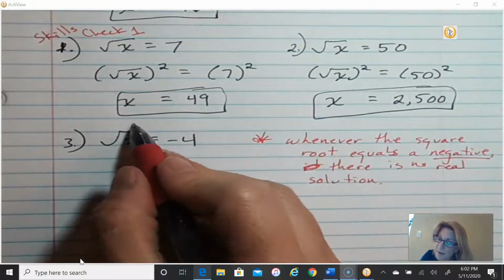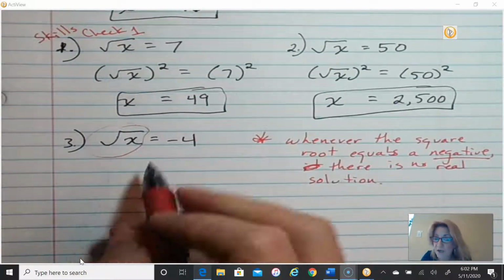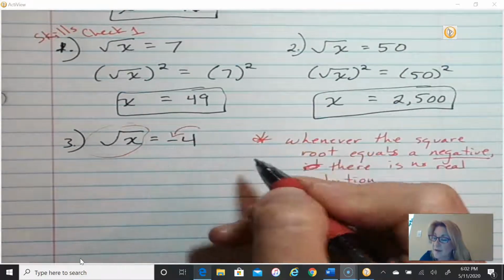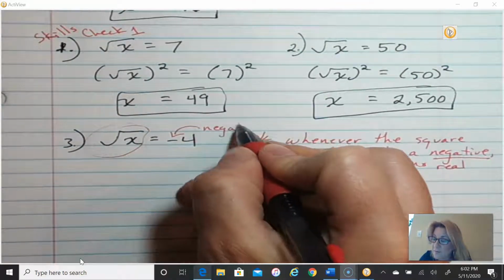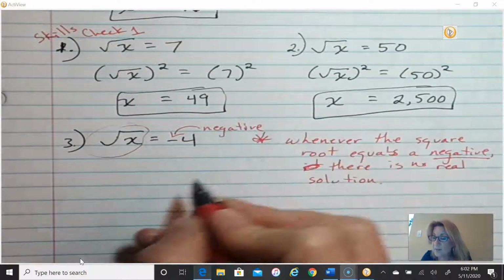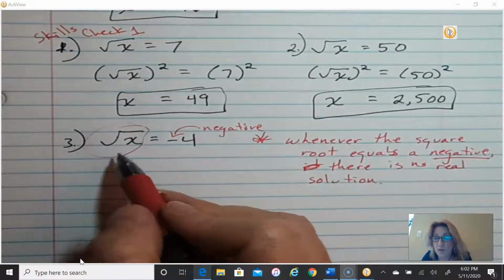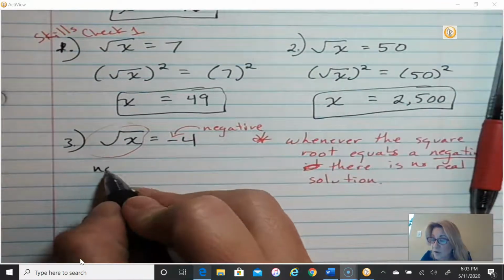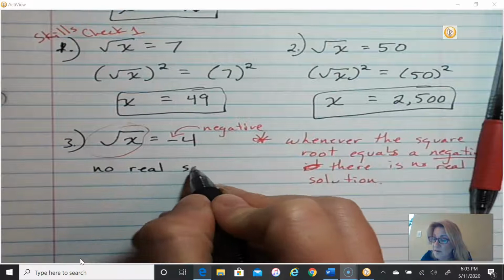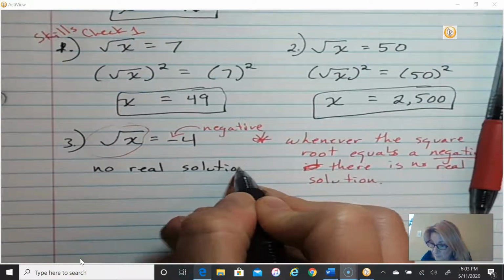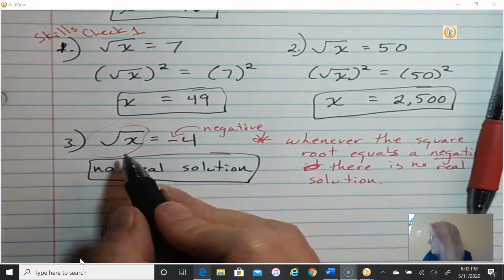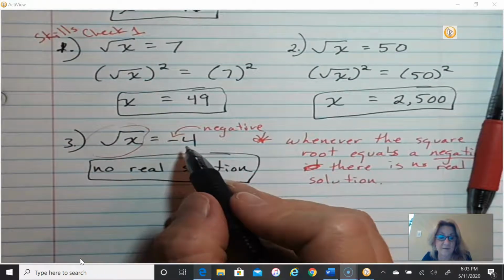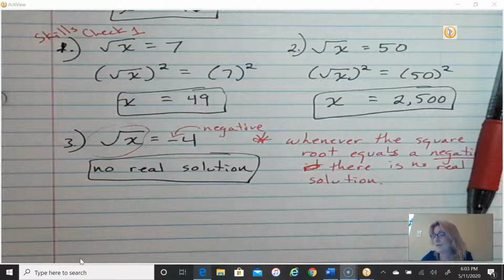Notice that we have the square root on this side, and on this side we have a negative. Because we have the square root on one side and the negative on the other, the answer is no real solution. You cannot have a square root equal a negative.